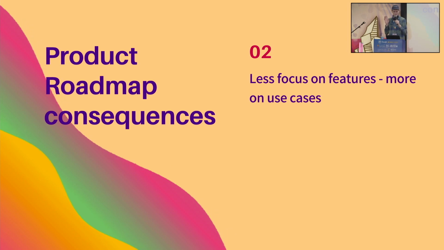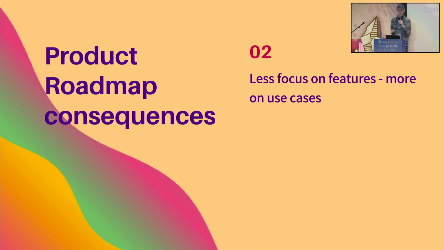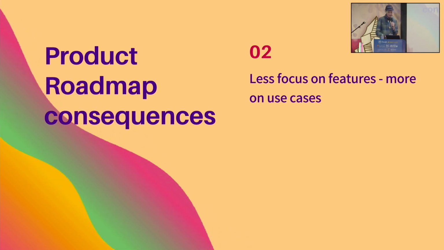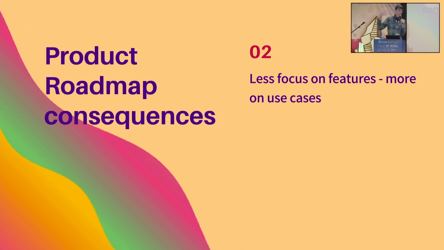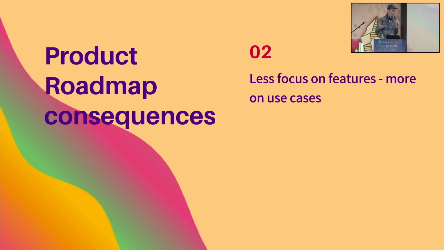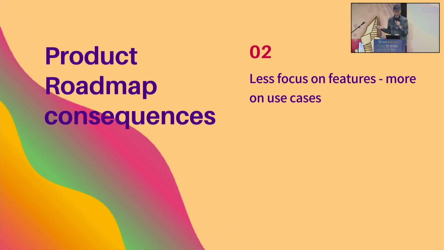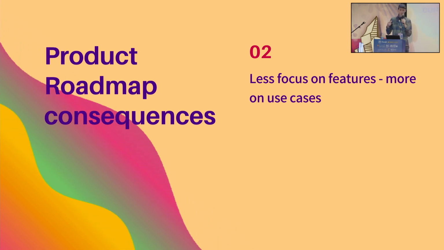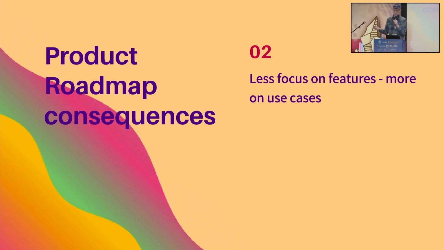Also, less focus on features, more on use cases. I will come back to this in a minute. If users start asking for things, don't just blatantly build what they ask for, but try to understand the job that they're trying to achieve with the feature they're asking for, because maybe you have a much better idea of what to build than the user.